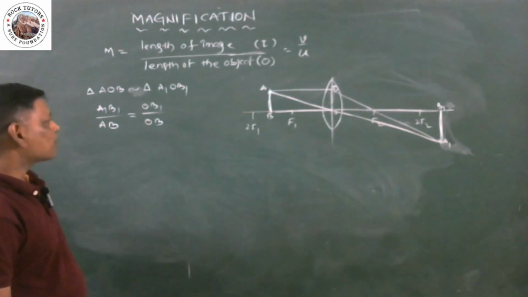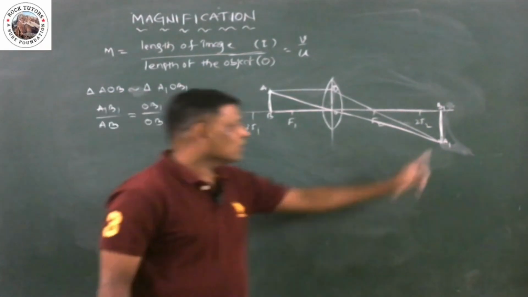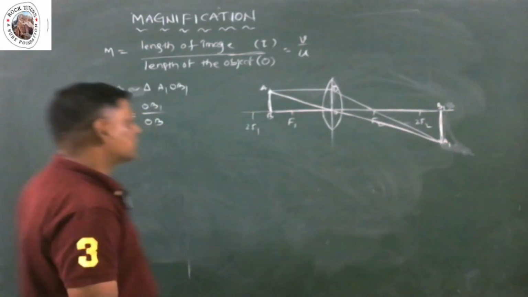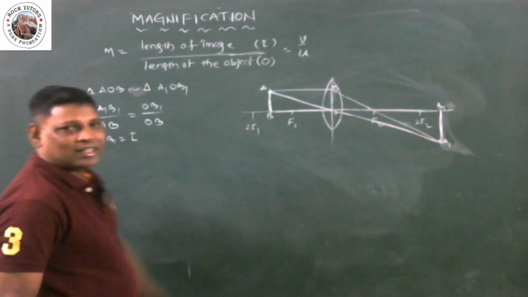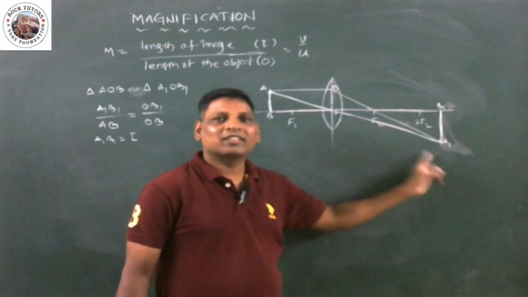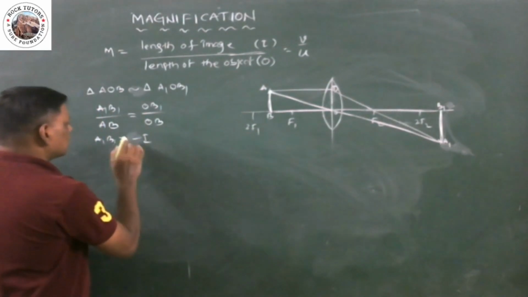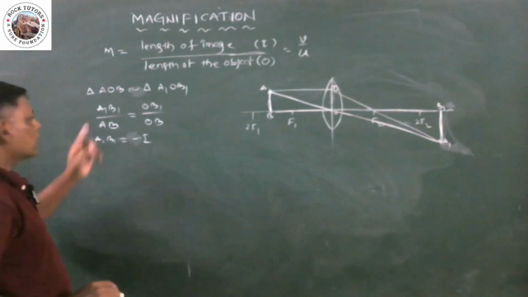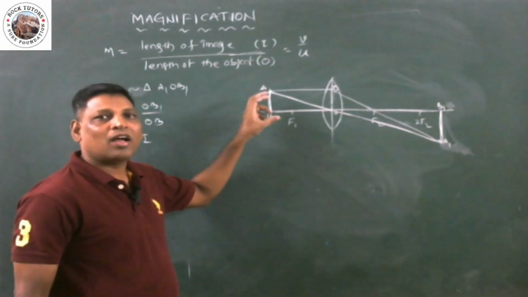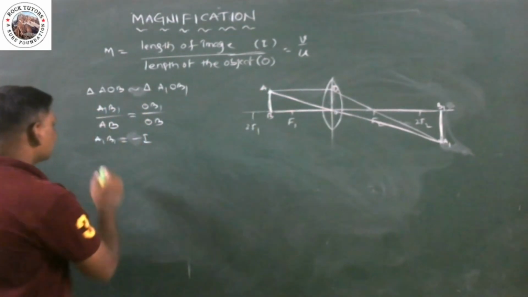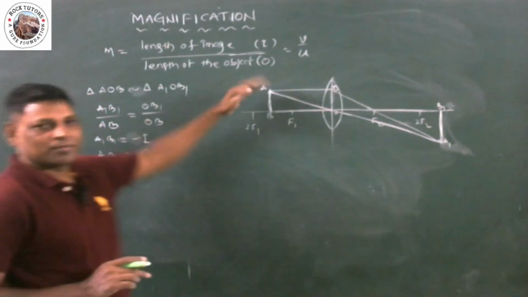Here we apply these values. A1B1 is the image, and the image sign convention is negative, so minus I. AB is the height of the object, the size of the object, which I am taking as O, positive.